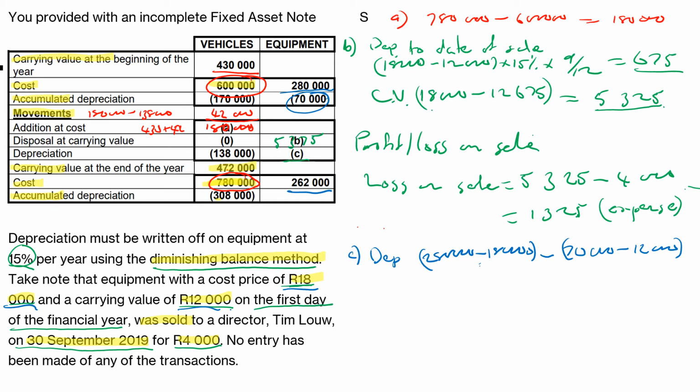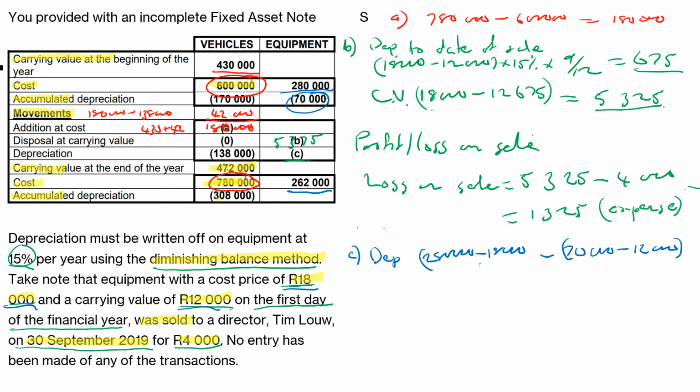Then this will give us 280 minus 18, sorry, where did I get 180 from?